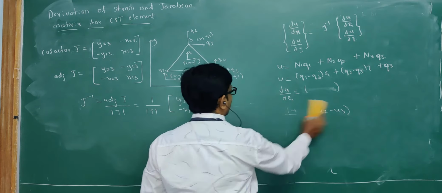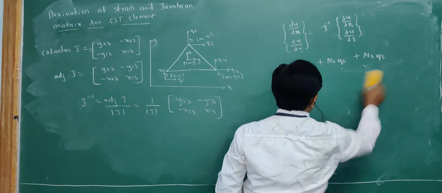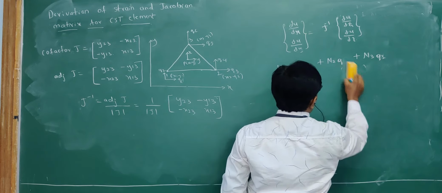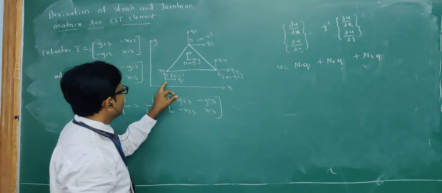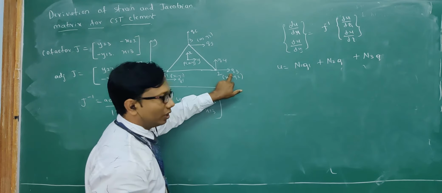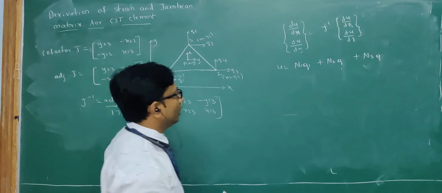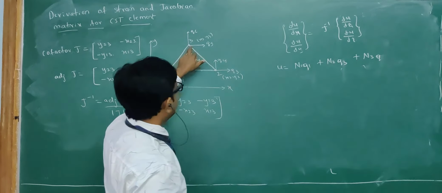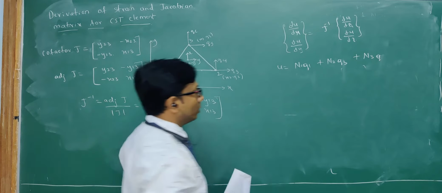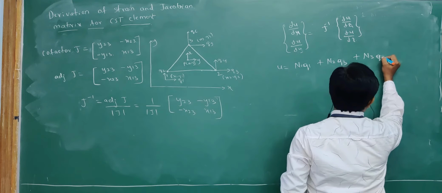If I want to write it in nodal displacements, what are the x parameters here? This is q1, next it should be n2 q3, next it should be n3 q5, because the parameters are these values.